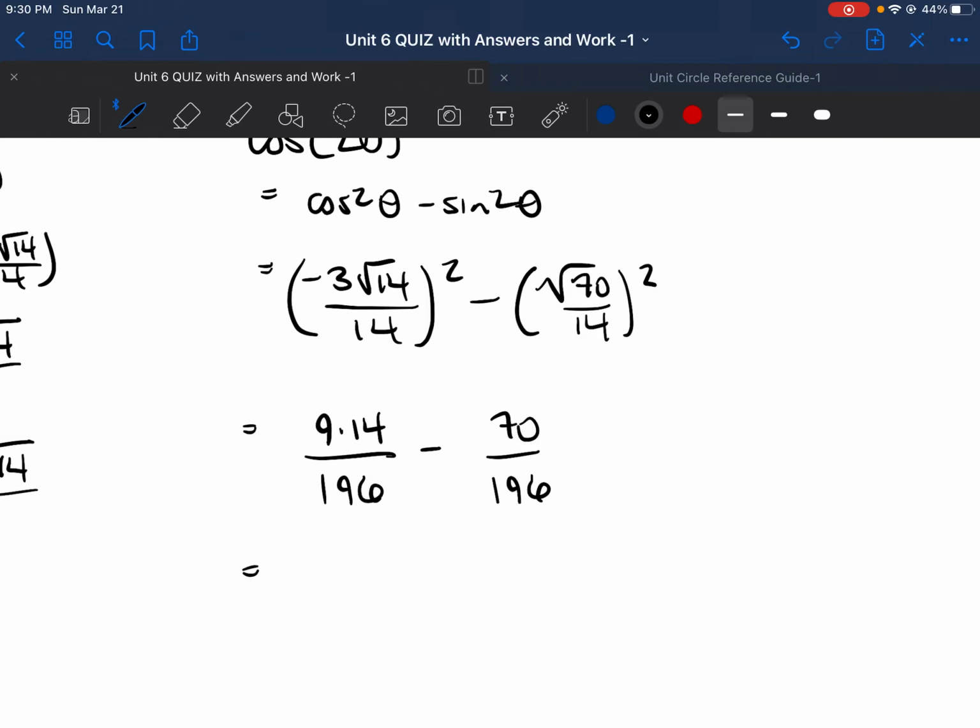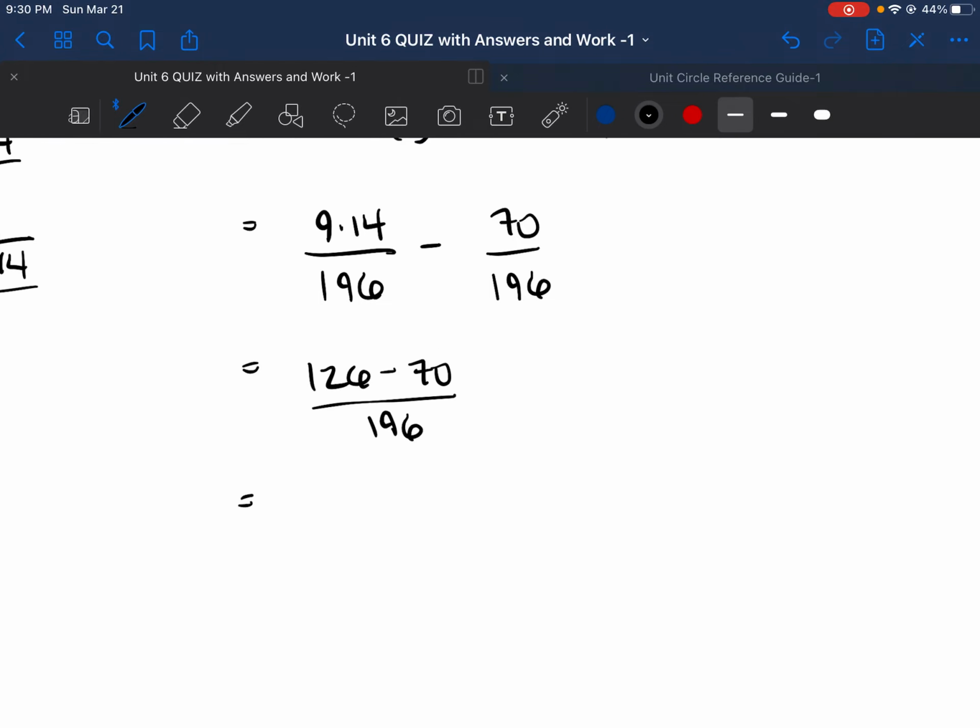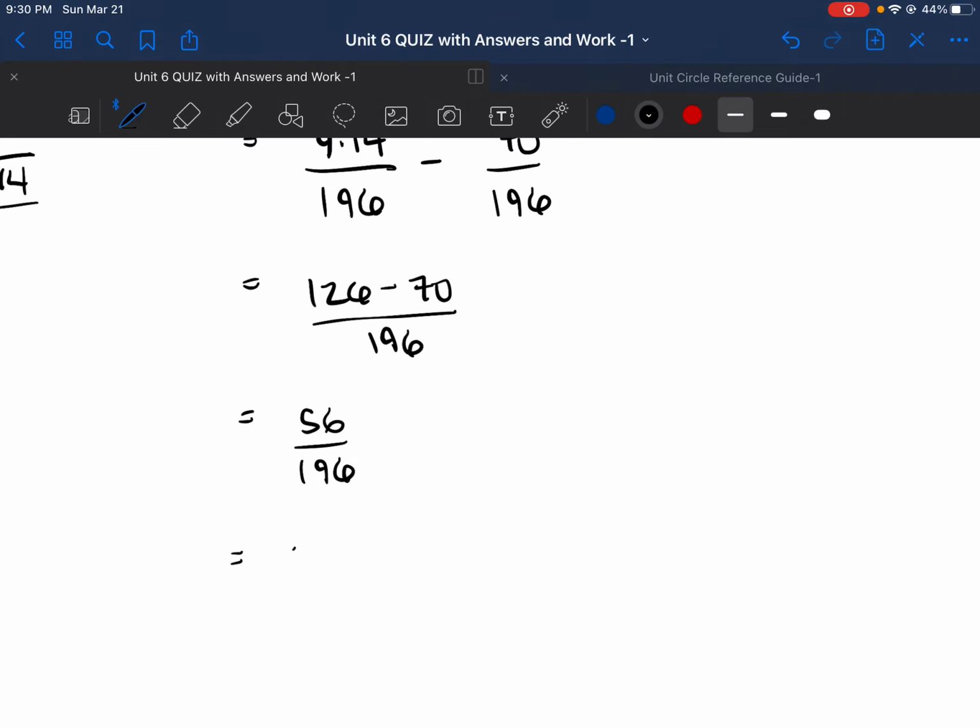Let's see, 9 times 14, let's use a calculator for that. That's 126. So 126 minus 70 over 196. That is going to be 56. And 56 divided by 196 is 2/7.